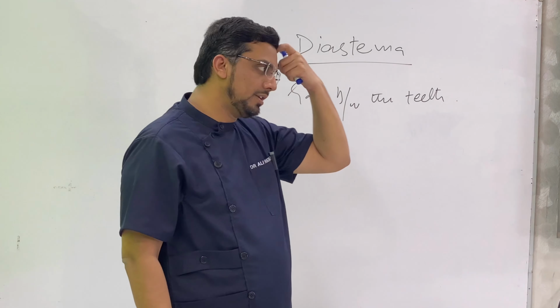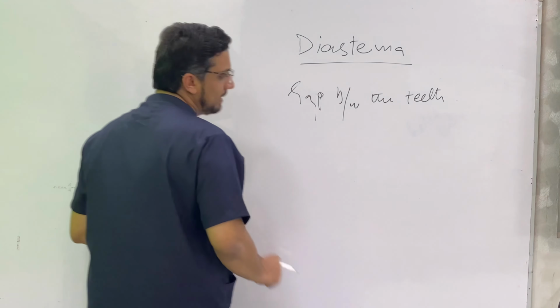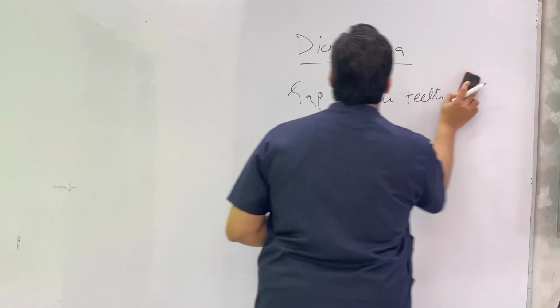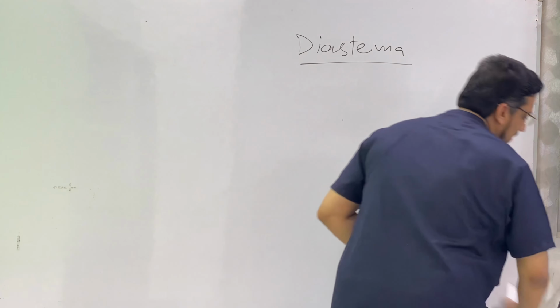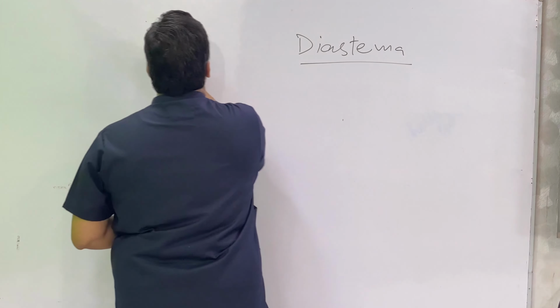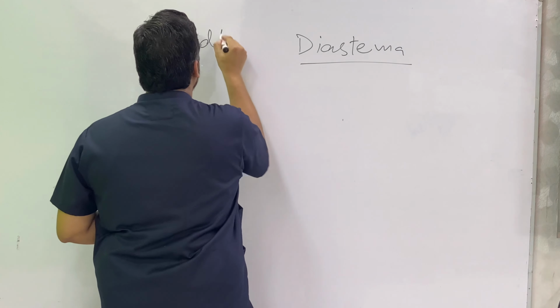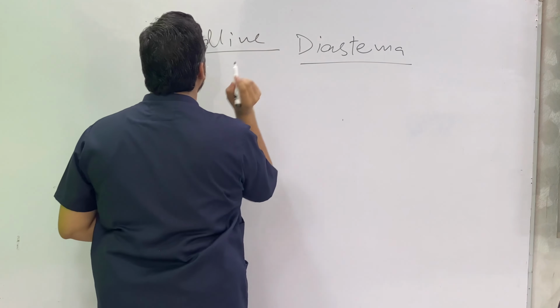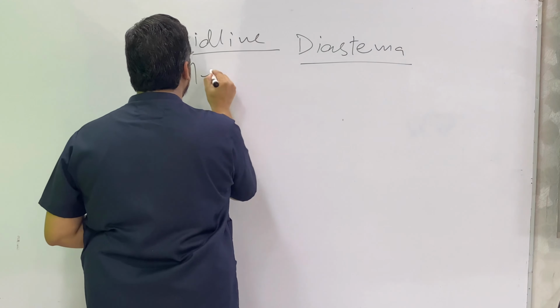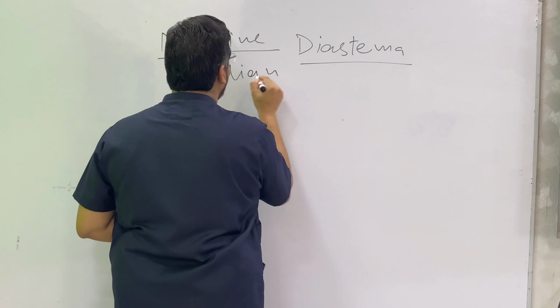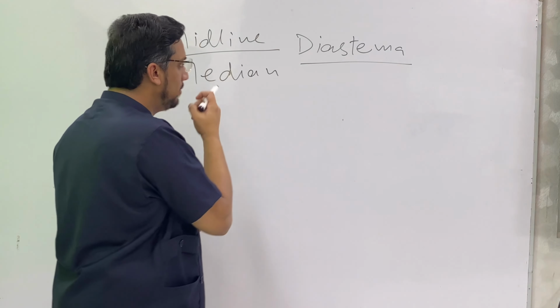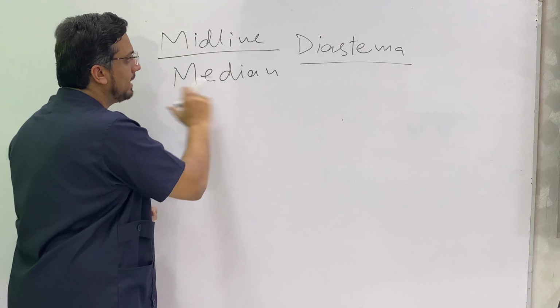With this particular condition, when we talk about the upper central incisors, this is called midline diastema. So there is a difference between the term diastema and midline diastema. In the European literature, they use the word median instead of midline. So both terms are used, midline diastema or a median diastema.